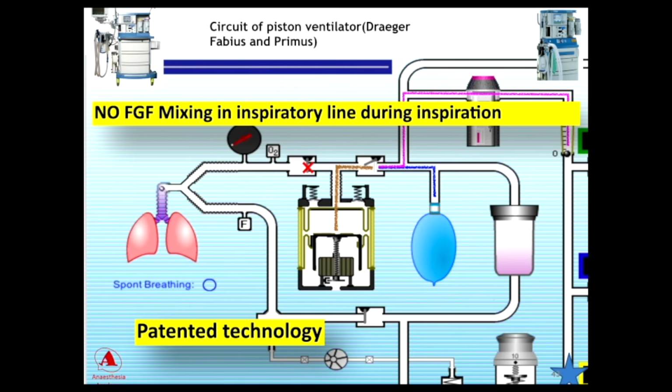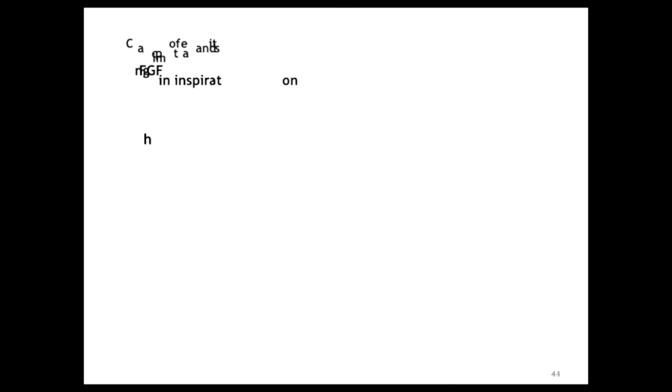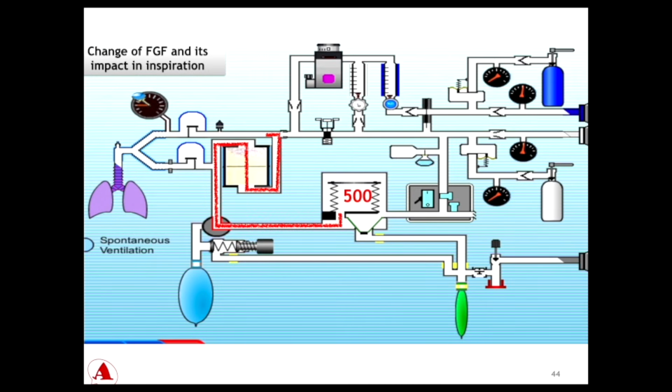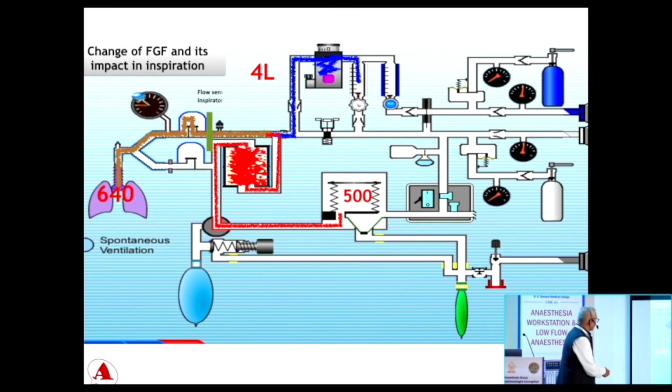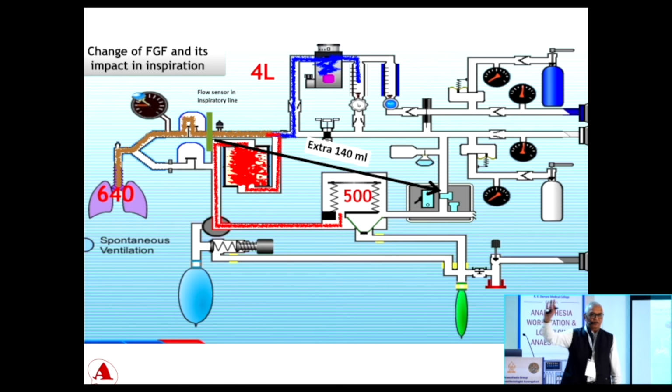Now this cannot be used by the others. So what have others done? 500, 2 liter, 4 liter, 640. They have put a sensor in the inspiratory line. This sensor will sense that an extra 140 ml is given because we have set 500.